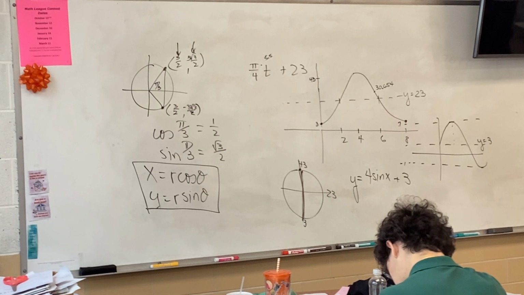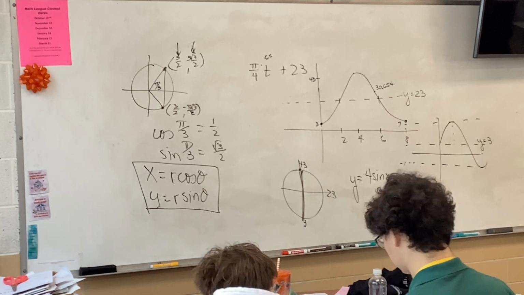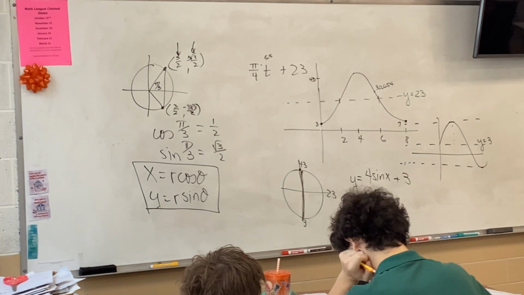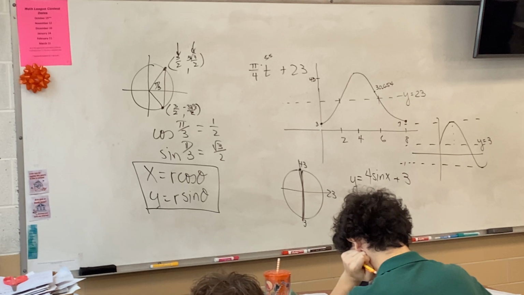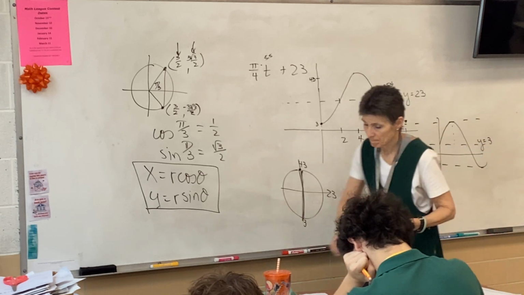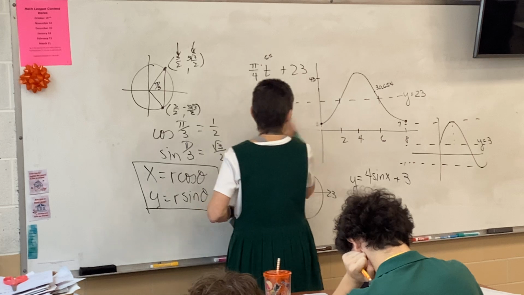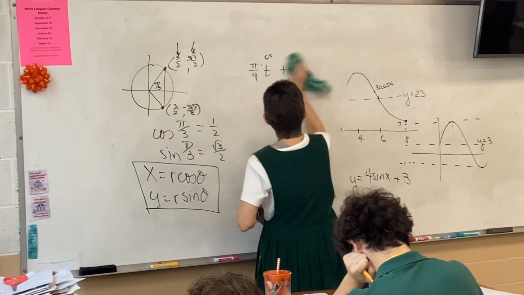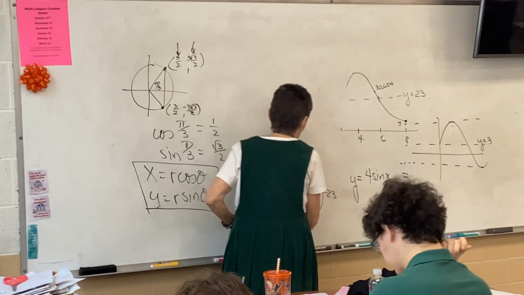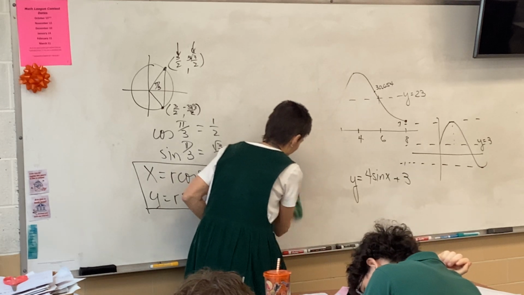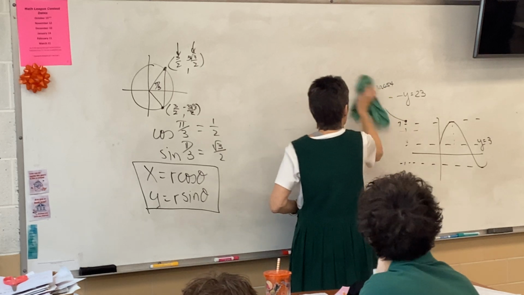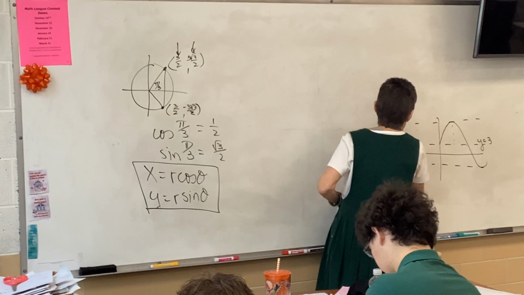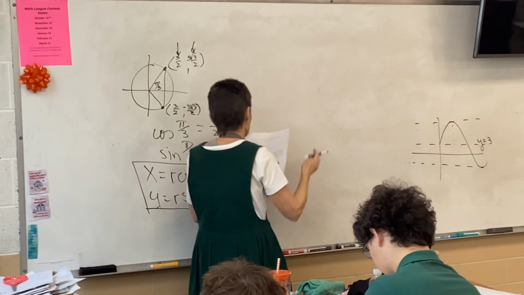All right, letter H. What is the length of the minor arc of the circle from point M to point S? How do we find arc length? Radius times radians.